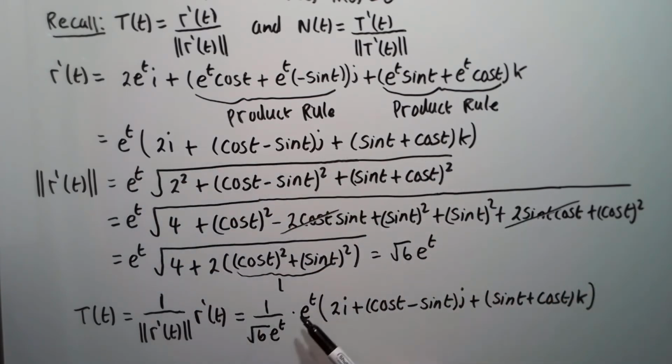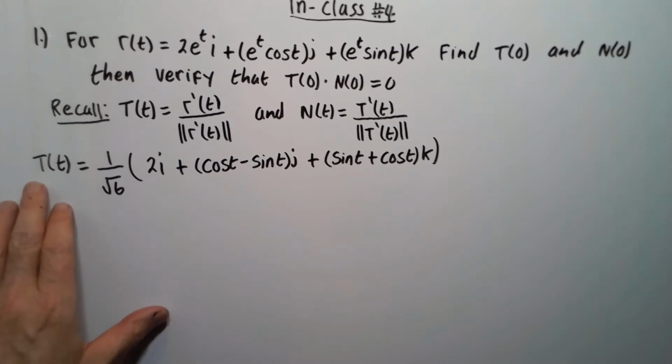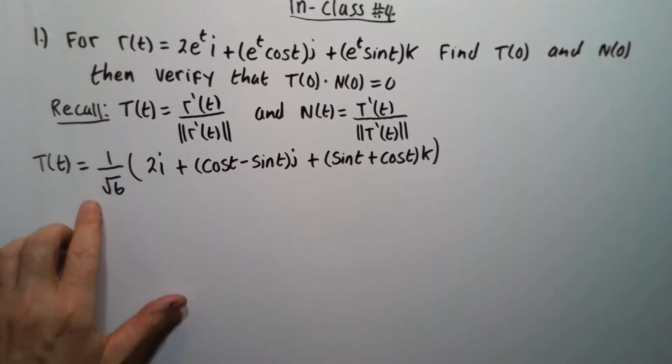The e to the t's will cross off here. Okay, so let's summarize what we have now. I'm going to erase a few things and we'll keep going. Summarizing, we found our capital T, or unit tangent vector, was this guy here.